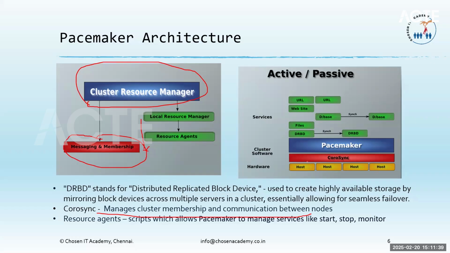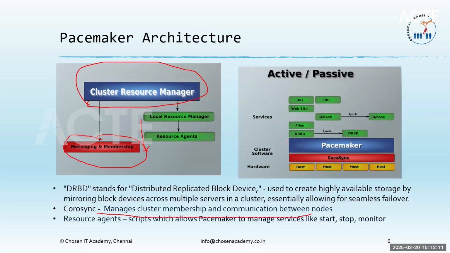On top of it, we have the CoroSync layer, which takes care of communicating between these hosts, and keeps monitoring all of them for the healthiness of the node. On top of it, we have Pacemaker, the actual cluster software managing all the resources. And above that, we have all the services.